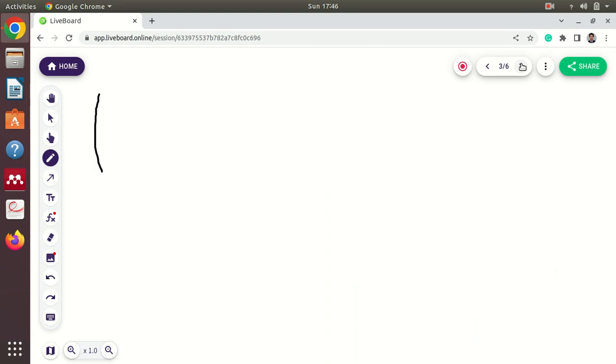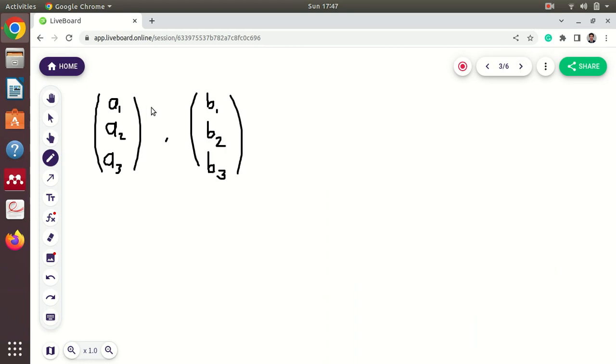Now when we have to do such a dot product, you should remember in matrix notation, let's say these two are vectors. So this is a 3 by 1 matrix, and this is also a 3 by 1 matrix. So we cannot multiply this. So what we do, we convert this column matrix into a row matrix first. Okay, I will shortly tell you what are these stars.